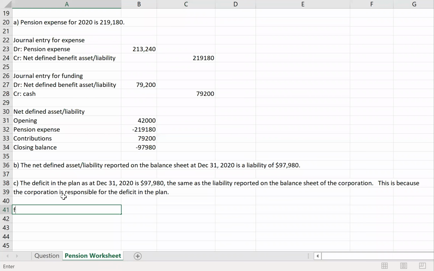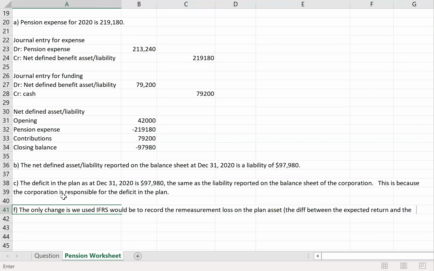So F, we're going to say the only change if we used ASPE or if we used IFRS would be to record the remeasurement loss on plan assets, the difference between the expected return and the actual return of $5,940 through OCI instead of through pension expense.